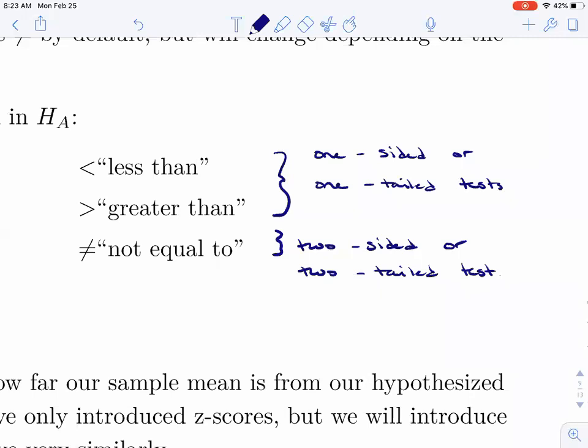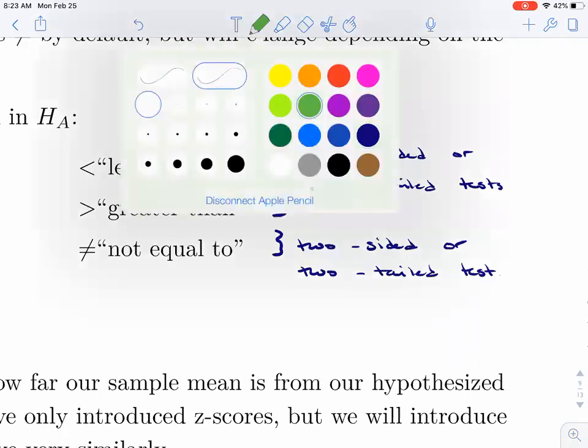Why is it important to know if we have a one-sided or a two-sided test? Because later on in step 3, when we find the p-value, we have to know which area in the tail we have to find. And so what we're going to end up having is a one-sided or a two-sided p-value, and that's going to hinge on your alternative hypothesis. So I'll make a little note here.